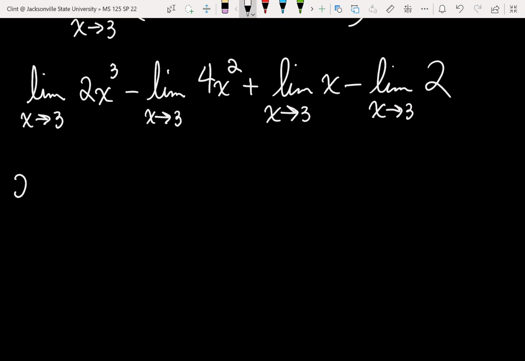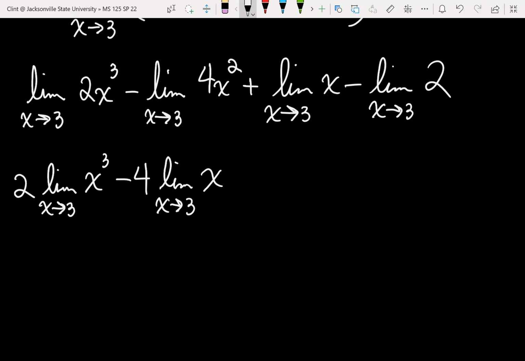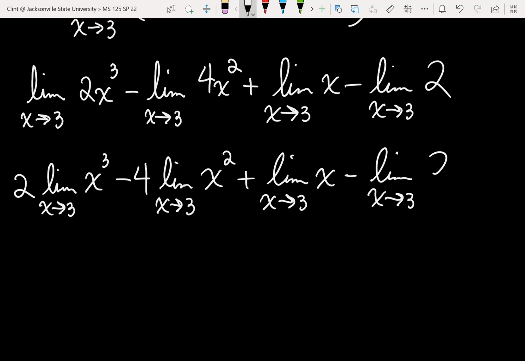One thing we could do is bring a constant out front, and we can bring the constant out front of the next one. Bring everything else along. And then we'd have to go one more.